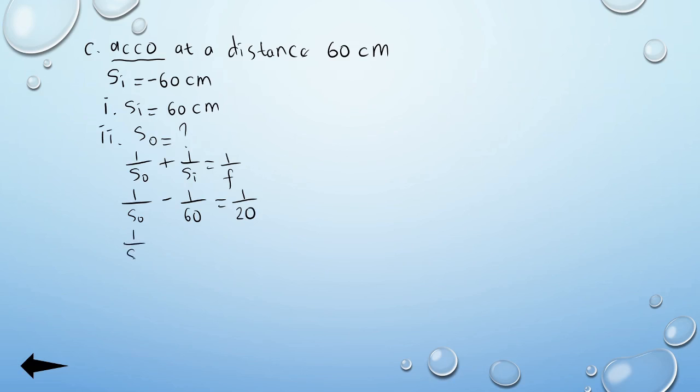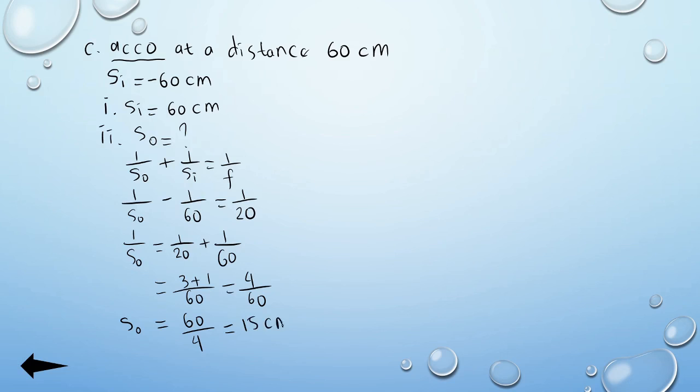This gives 1 over SO equals 1 over 20 plus 1 over 60 equals 3 plus 1 over 60, or 4 over 60. So the SO equals 60 over 4, which is 15 centimeter.